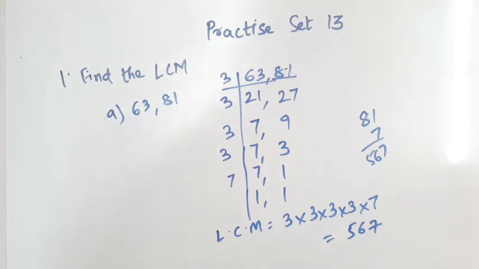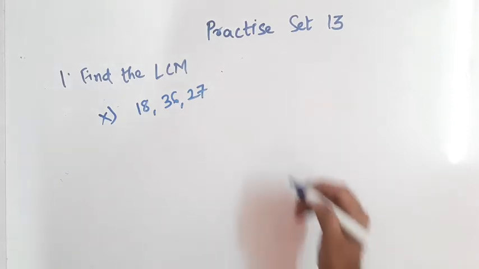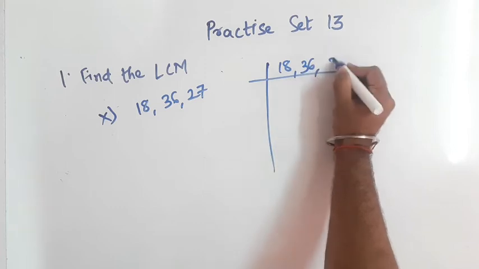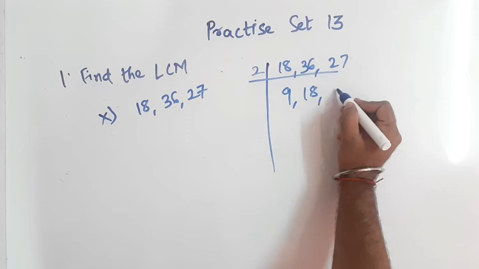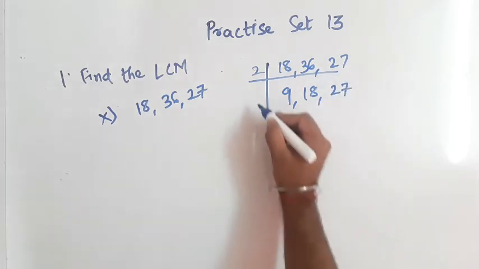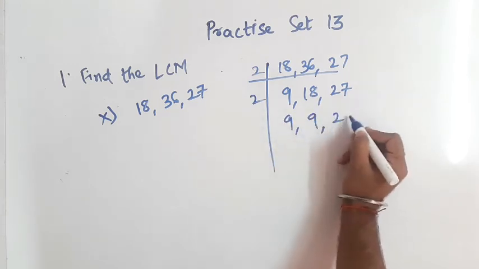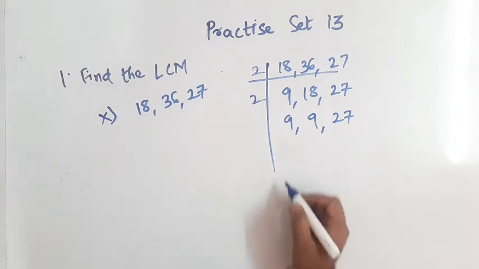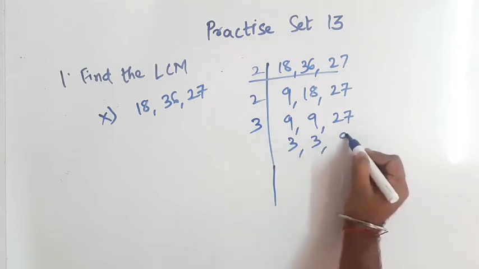the next one is 18, 36 and 27. I'll take 2 first, 2 9s are 18, 2 18s are 36, and 27 as it is. I can still take 2, 9 as it is, 2 9s are 18, and this is 27. Okay, then I'll take 3, 3 3s are 9, 3 9s are 27.